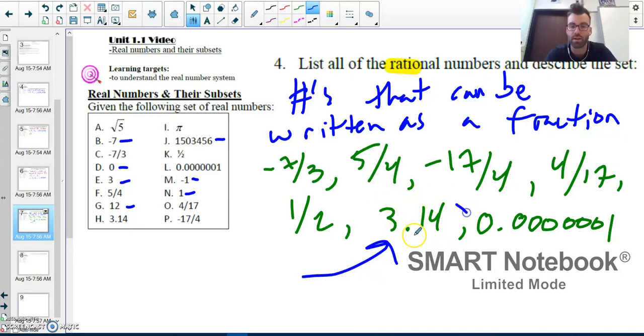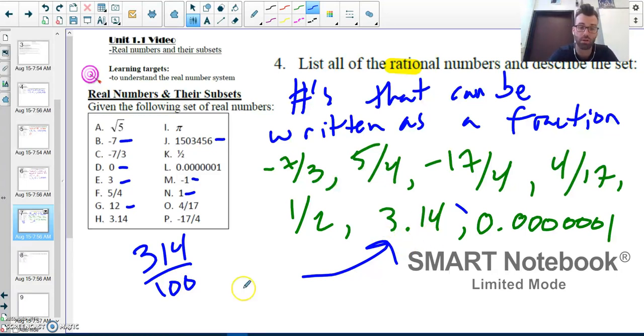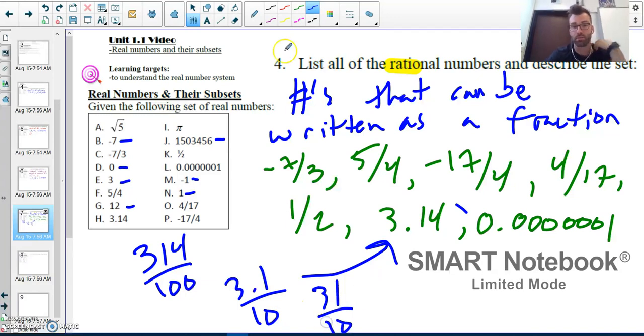3.14 can be written as a fraction. How? This is our hundredths place. If I wanted to rewrite this as a fraction, I could put it over 100. If it was 3.1, that's our tenths place, so I could put it over 10, which would be 31 over 10.